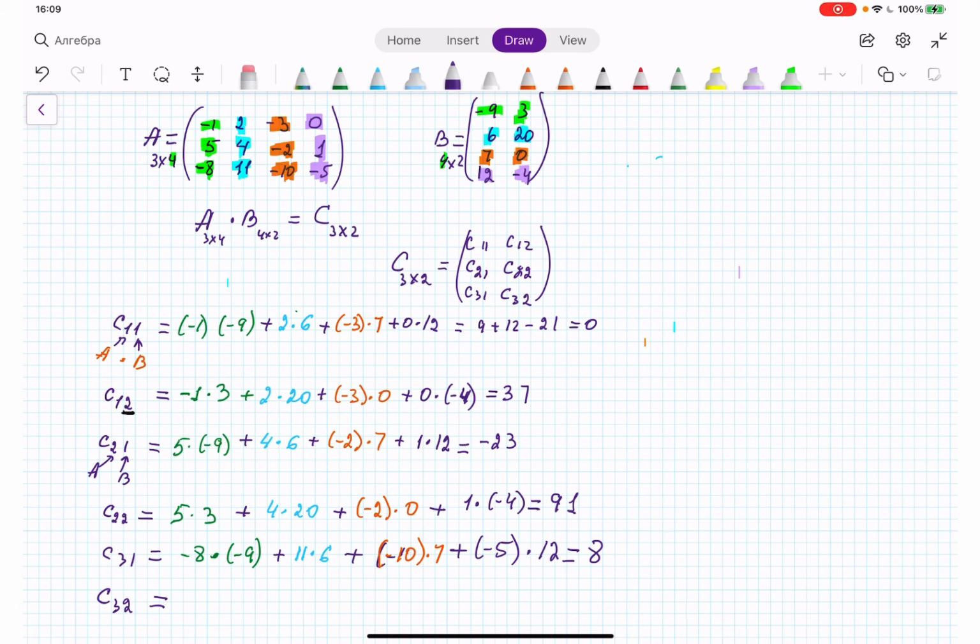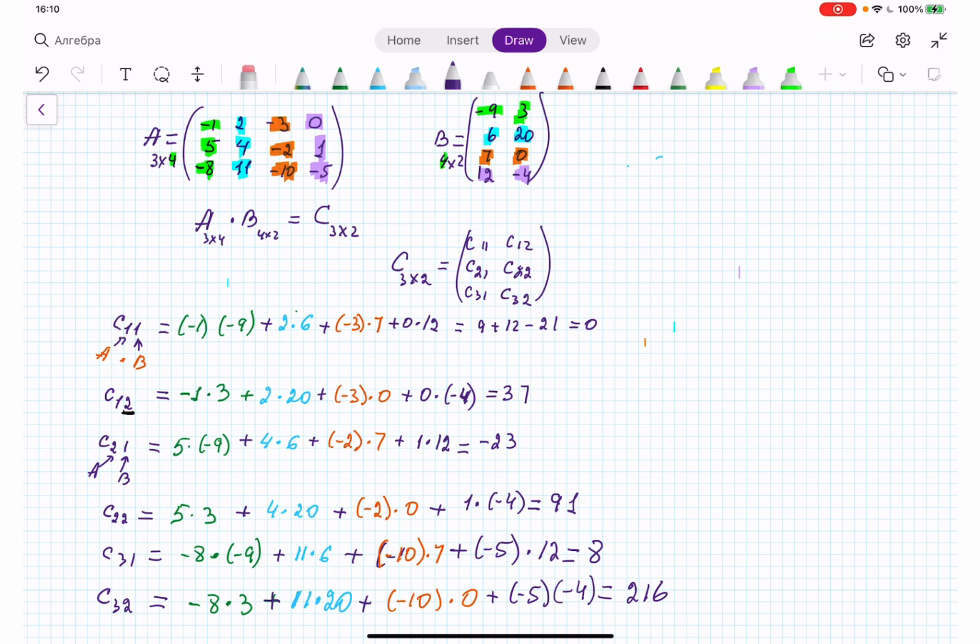So first row from A multiplied by second column from B. And the result is going to be negative 8 times 3 plus 11 times 20 plus negative 10 times 0, and lastly negative 5 times negative 4. And the result, you should get 216.